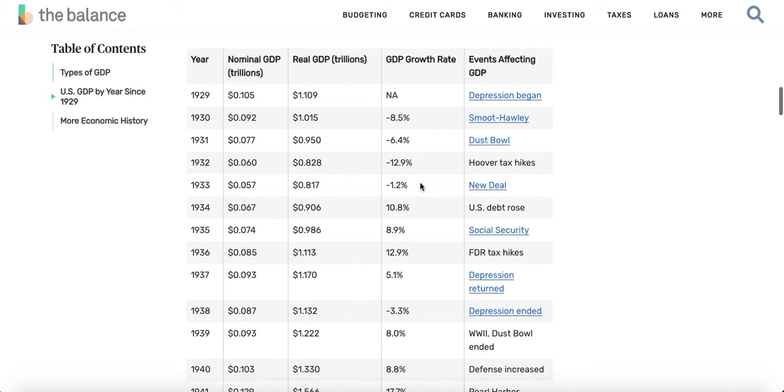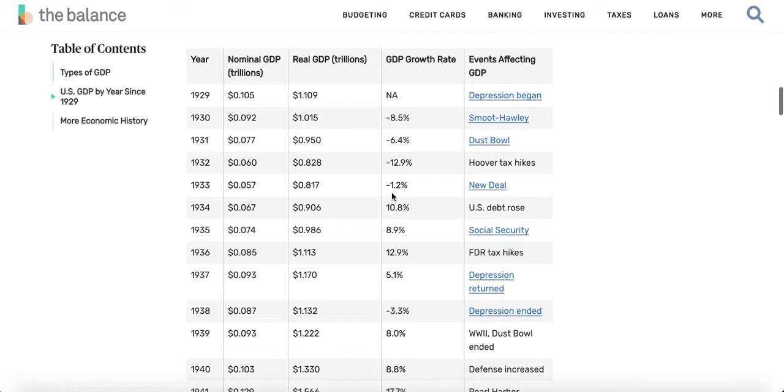When the New Deal comes out, as soon as it comes out, we see growth of almost 11%, highly impressive. And they say US debt rose. Yeah, it did on the balance sheets. That would appear to be the case.